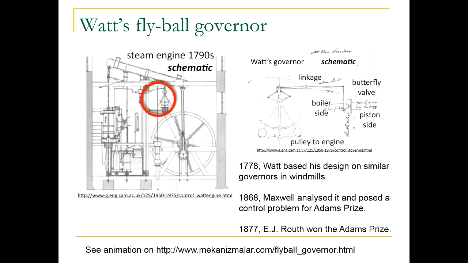What you have there is a mechanical sensor which is connected to a valve that either opens or closes the pipe that feeds steam to the turbine, to pistons, right? So by opening and closing the valve, you can control maybe the speed at which the turbine rotates. Why is this important?